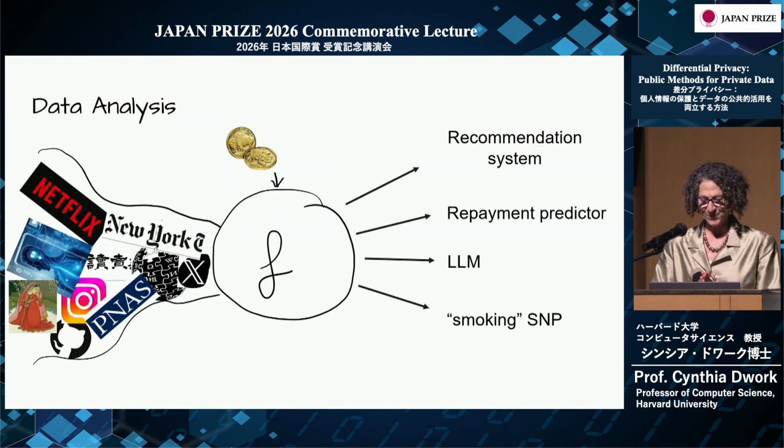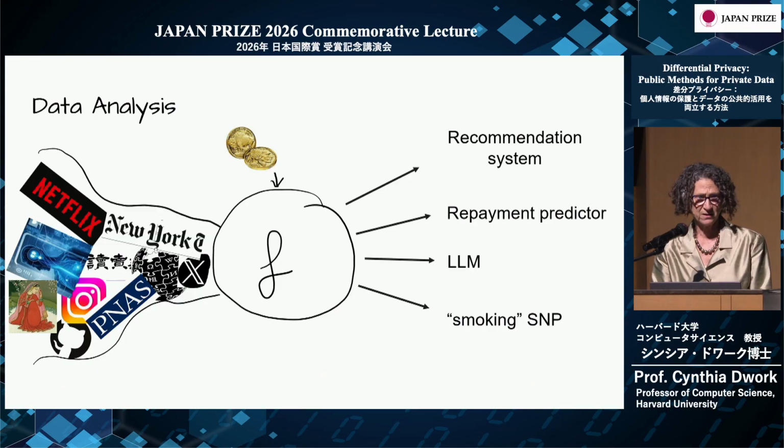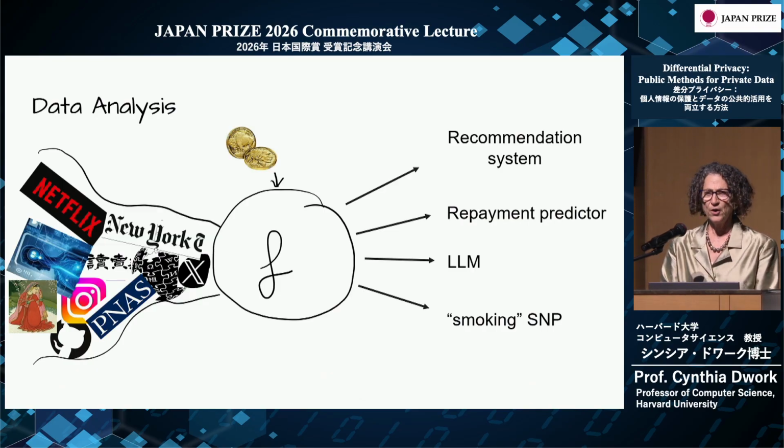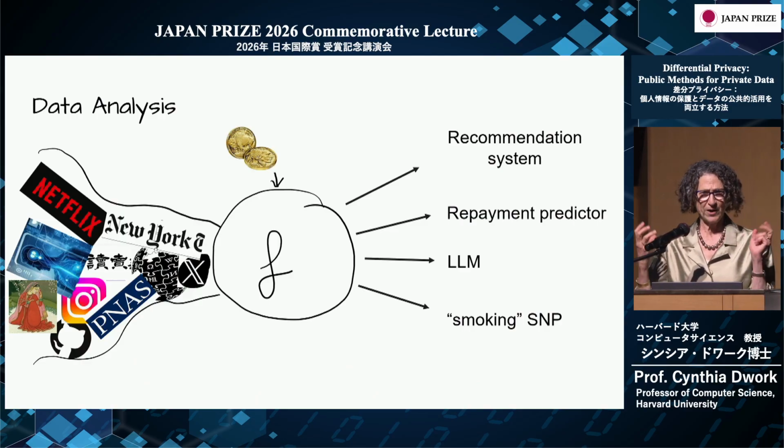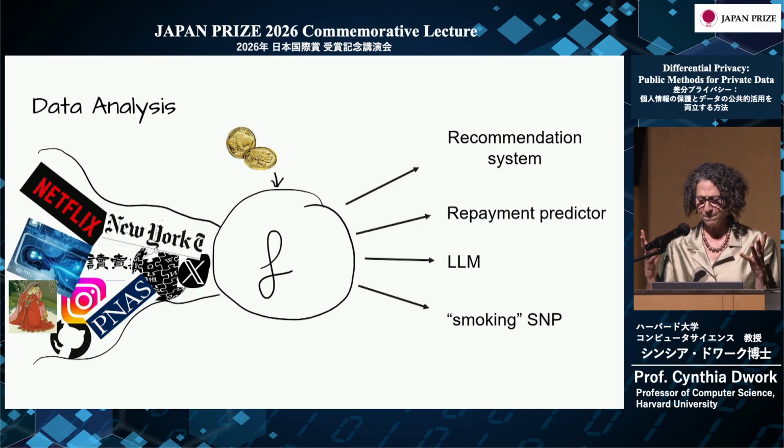Okay. So I'm going to use the term data analysis very loosely. You can think of data analysis as just a function, if you're a mathematician, or a program that takes data of arbitrary types and produces an output.